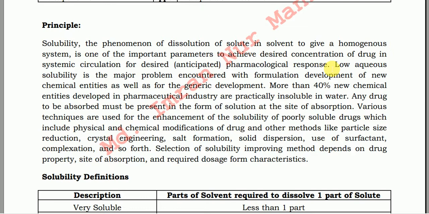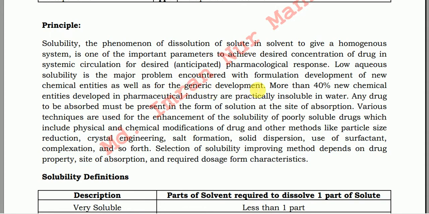So for the drug to be effective or active, it must be dissolved into the systemic circulation, and to get there, it has to dissolve in the stomach. That's all.